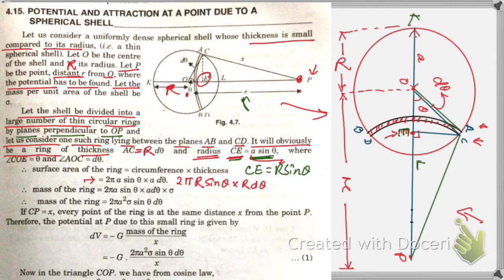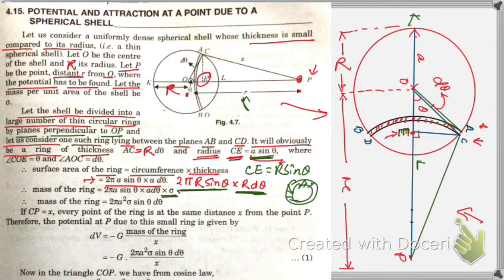So this is the area of the ring, right? Circumference into thickness. This is the circumference of the ring and this is the thickness, and that gives the area of the ring, right? If you multiply the area with the density of this shell, then you will get the mass, right?